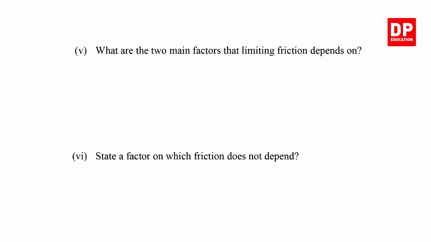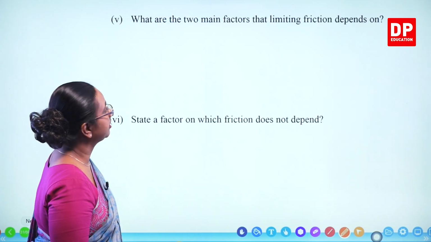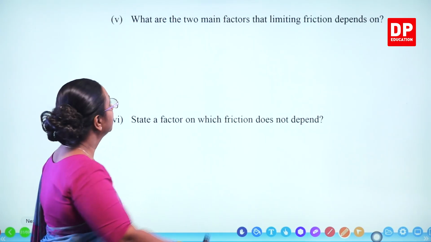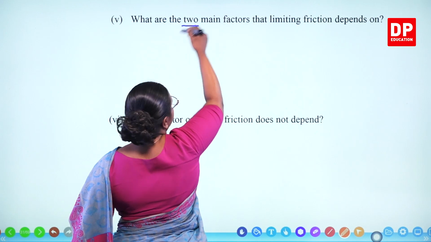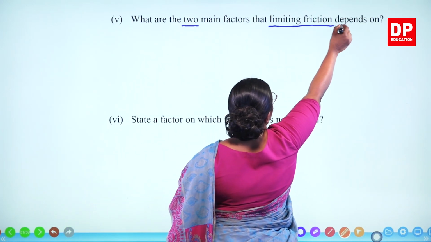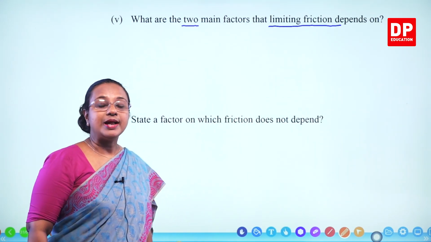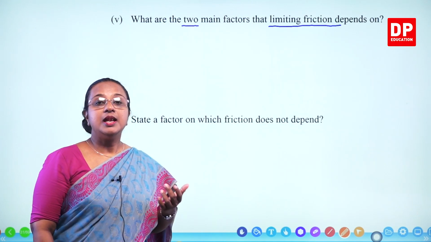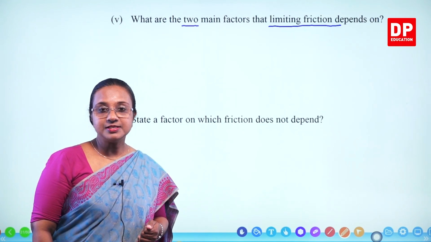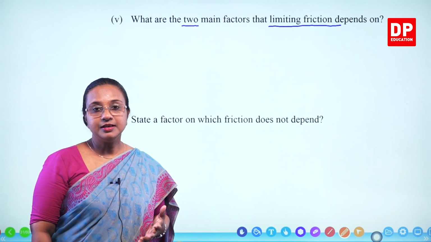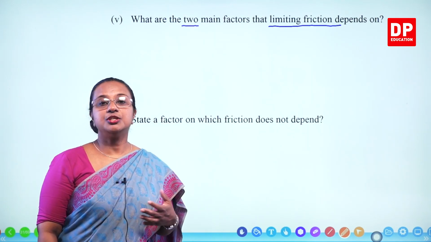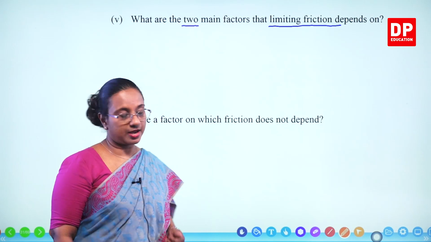What are the two main factors that limiting friction depends on? So we know there are two factors that affect the limiting friction. What are they? Nature of contact surface and the perpendicular reaction or the normal reaction.